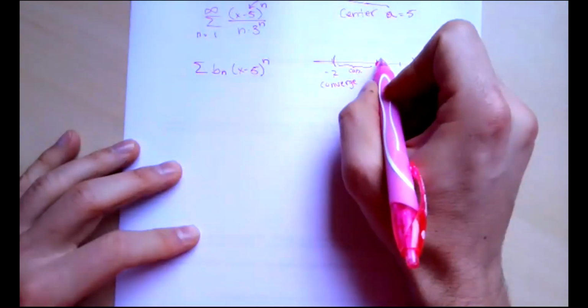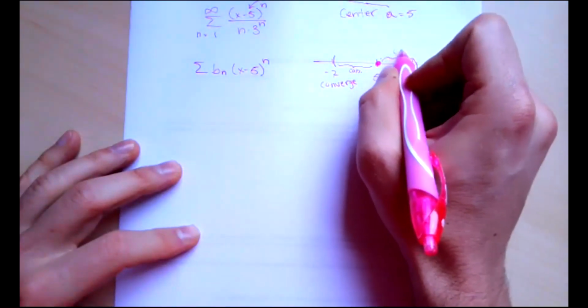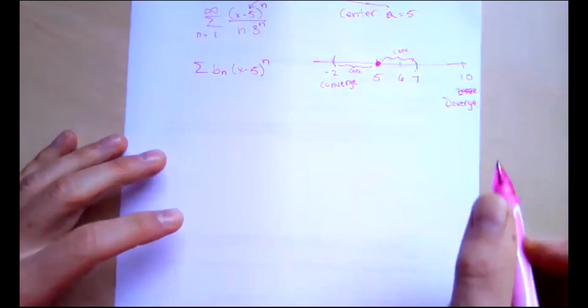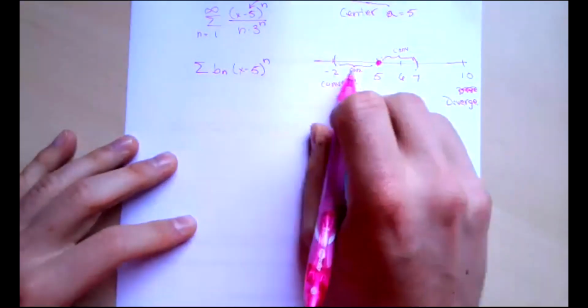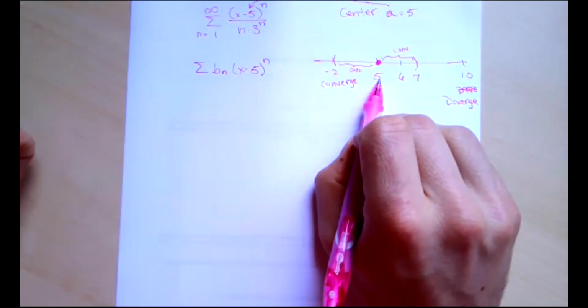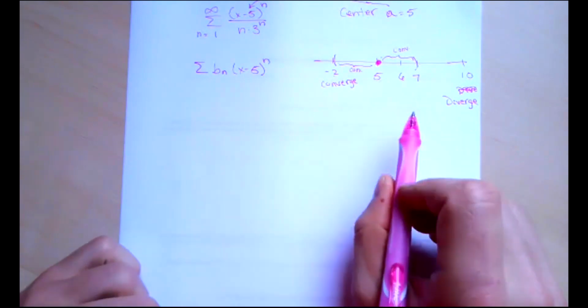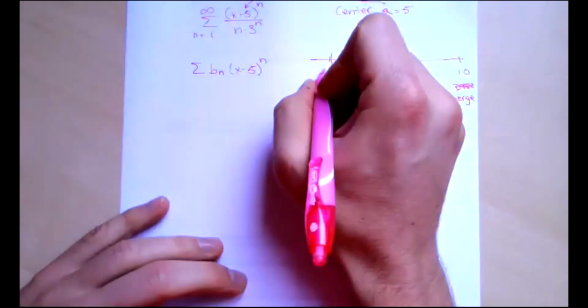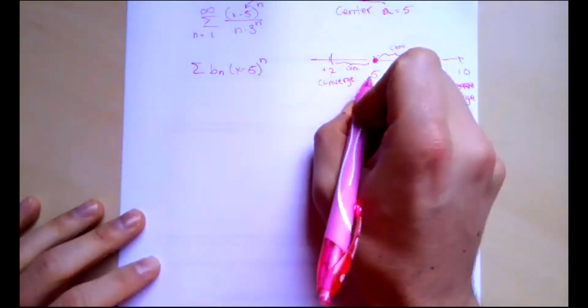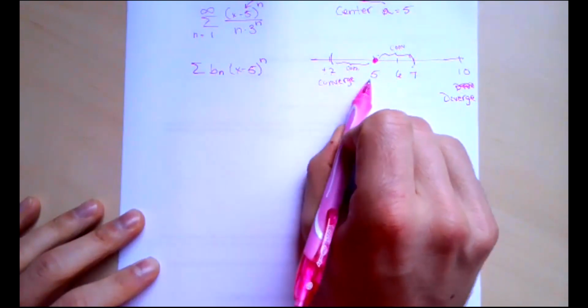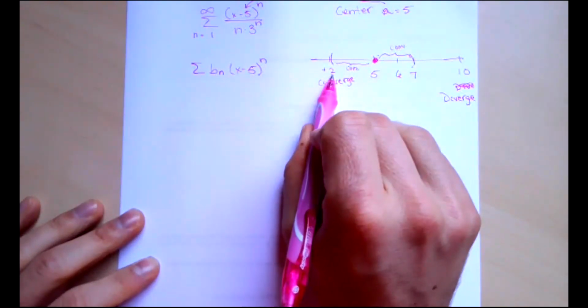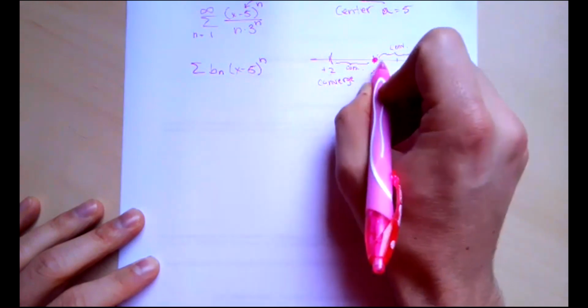At the endpoints, though, we have to be careful, right? If the radius of convergence were only, actually, wait, that's -2. Sorry, I meant +2 for that. And then I guess that's an interval of 3, isn't it? So, right, what's the distance between 5 and 2? It's 3. So these will all converge.